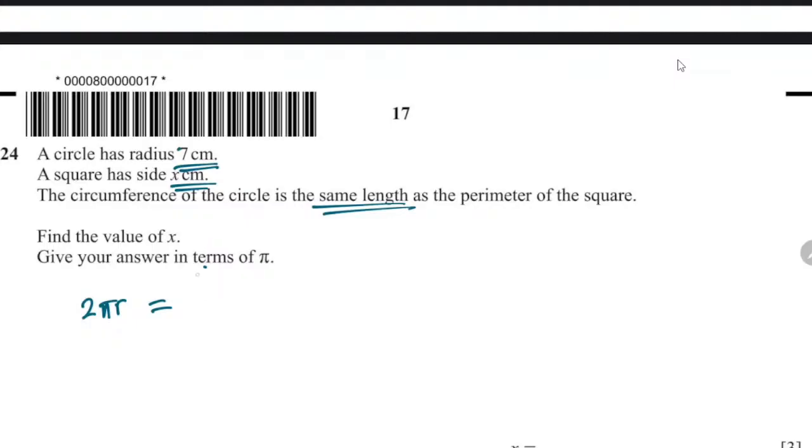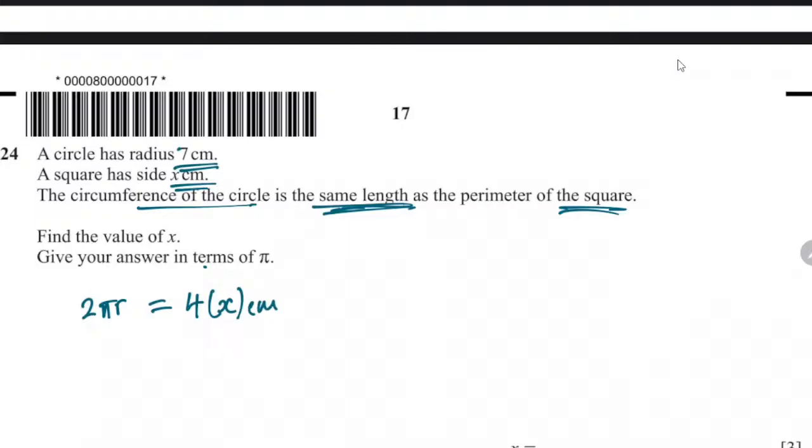So here, 2 pi r is the circumference, because they talked about it, right? Is the same length as the perimeter of the square. So this is perimeter. The square has sides x, and for square perimeter it's 4 sides of x, right? You understand?